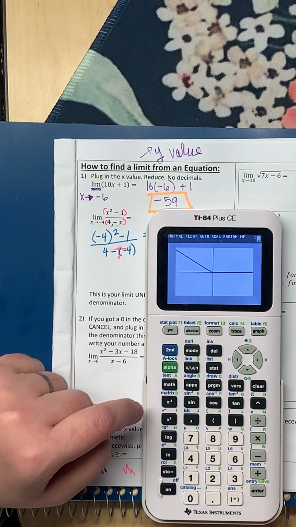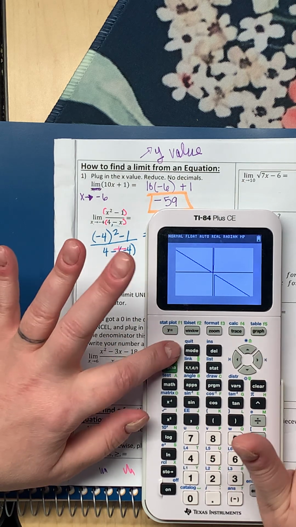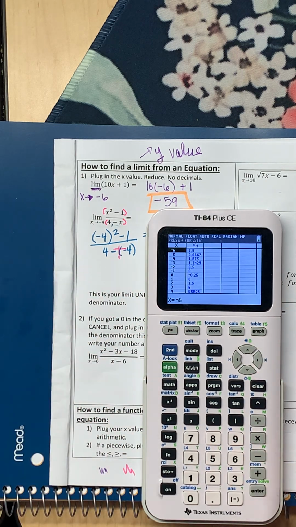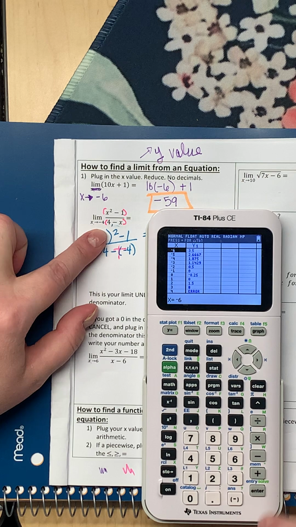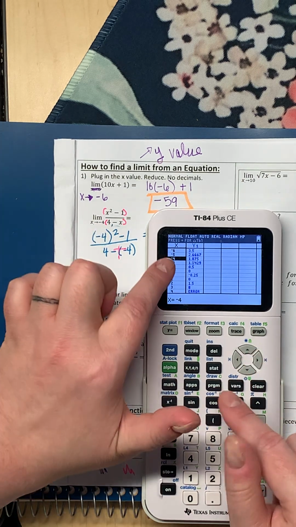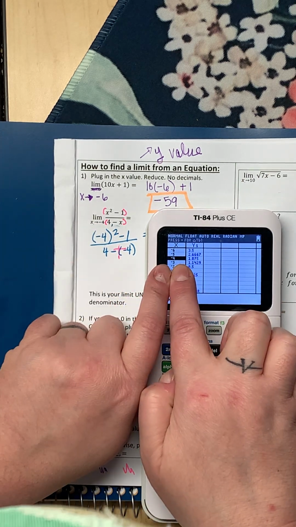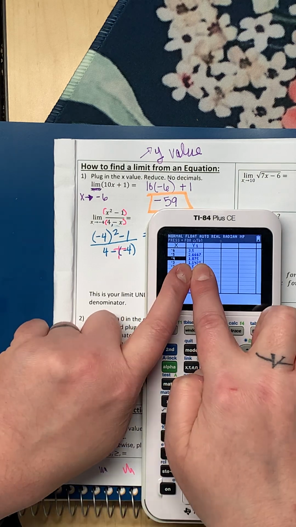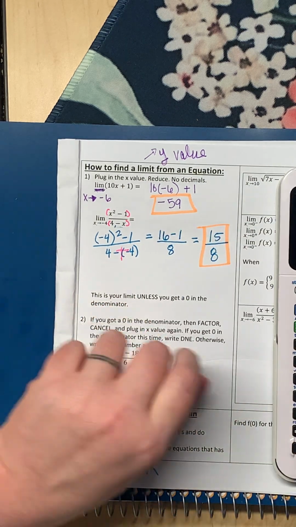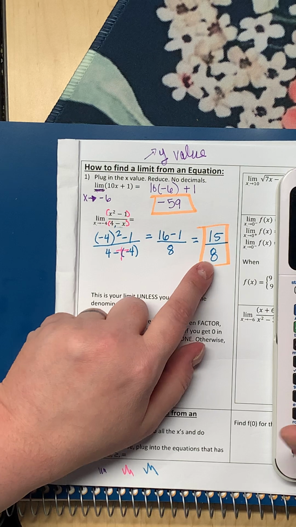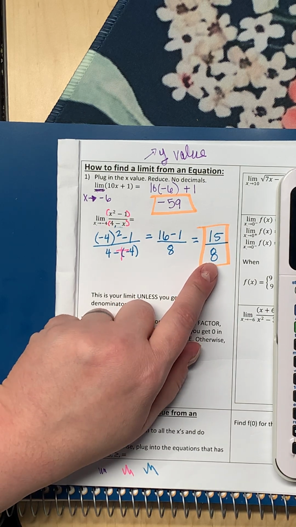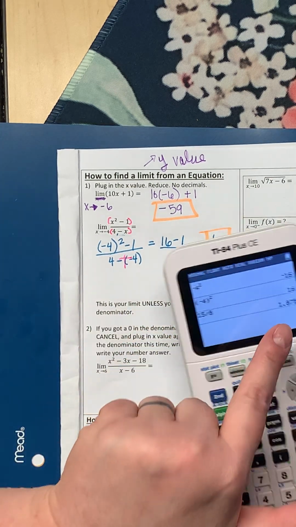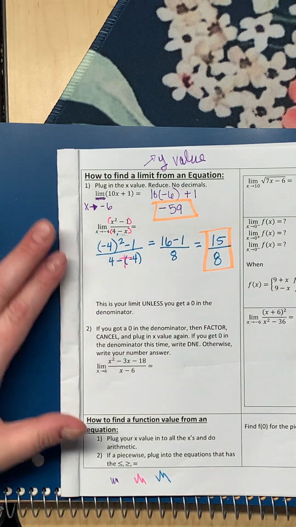Second graph, there we go. Now I'm gonna look at when x approaches -4. So at the -4 x value, it says the y value is 1.875. That's not what we got, or is it? 15 divided by 8. Oh, 1.875. Okay, we did that one right.